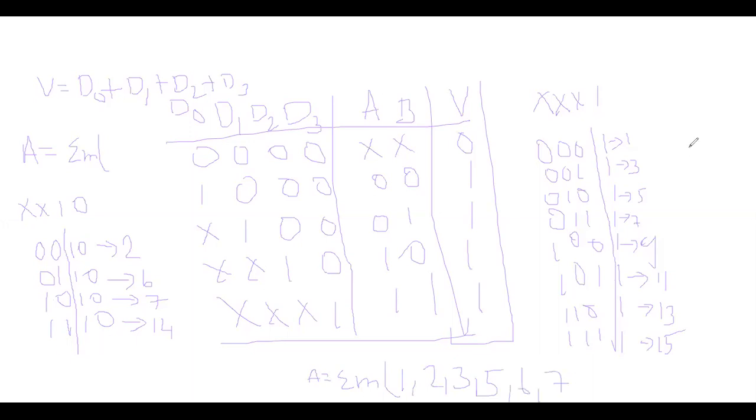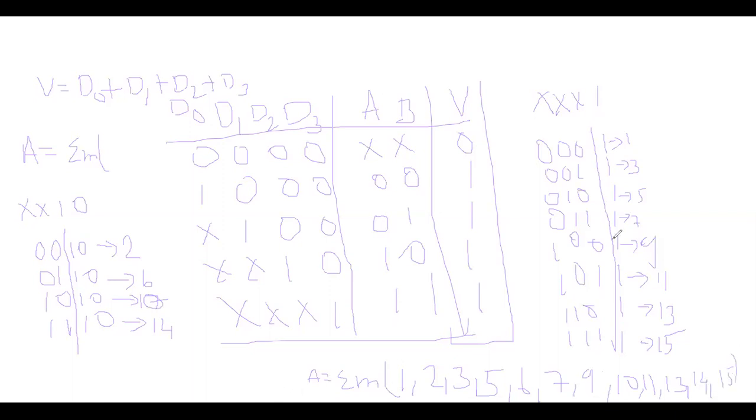Not the 7 again, my dear students. It is 1, 0, 1, 0 is a 10. So 7 is there. No, 8, 9, 10 also, we got 11, 13, and the 14 and 15. So these are the minterms.